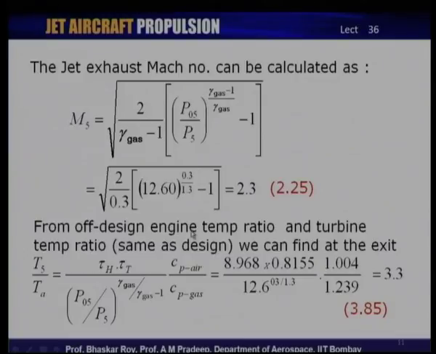Using the pressure ratio we have just found across the nozzle, we find that the Mach number at the exit face of the engine is 2.3, which is marginally more than 2.25, the design exit Mach number of the jet. So it still creates a supersonic jet at the exit, and at the off design operating point it is marginally more than the design point exit jet Mach number.